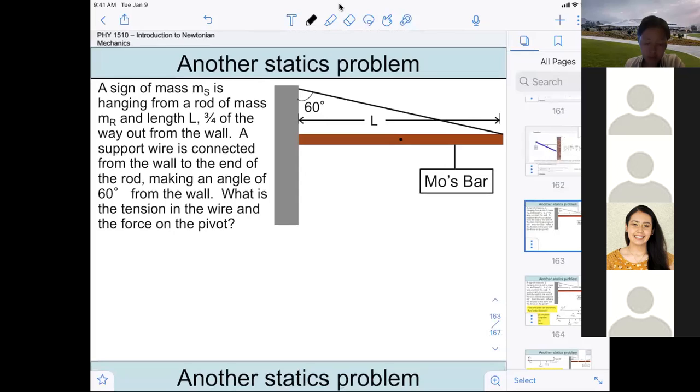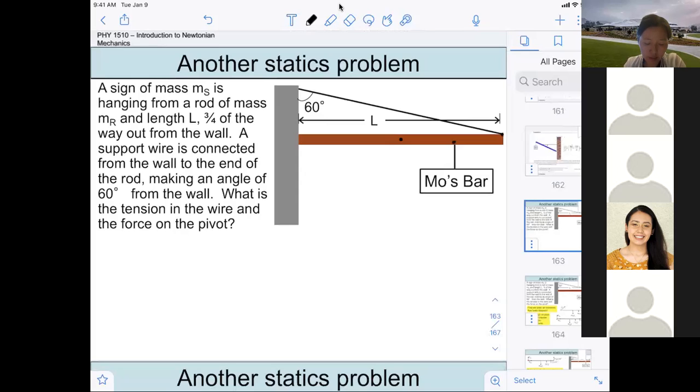Okay, so let's look at this. We have a sign again, but now I moved the sign not all the way to the end, but it is attached 3/4 of the way out from the wall, okay? And the tension is now moved all the way to the end. Again, the entire length of the beam is L. The tension makes an angle of 60 degrees relative to the wall.